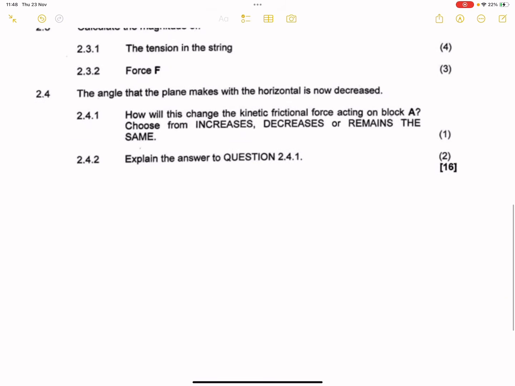So for the free body diagram, I know I would have the tension on the string, let's say that's TS, and I'd have the friction, that's kinetic friction, so I'm going to call it FK.